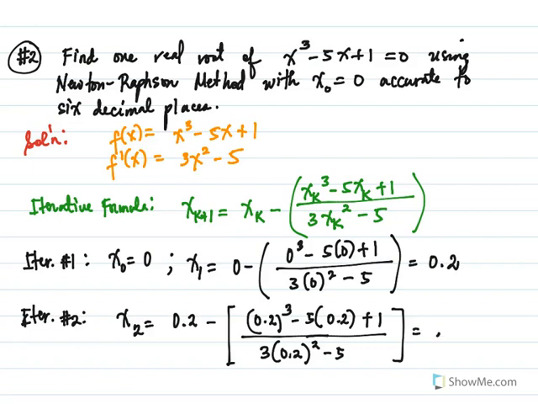This is equal to 0.201639. So I included 7 decimal places, no? Since our stopping criterion is accurate dapat siya to 6 decimal places. So, para meron tayong pasobrang isa. So, obviously, hindi pa siya nag-satisfy sa stopping criterion natin. No? So, we need to have one more iteration.